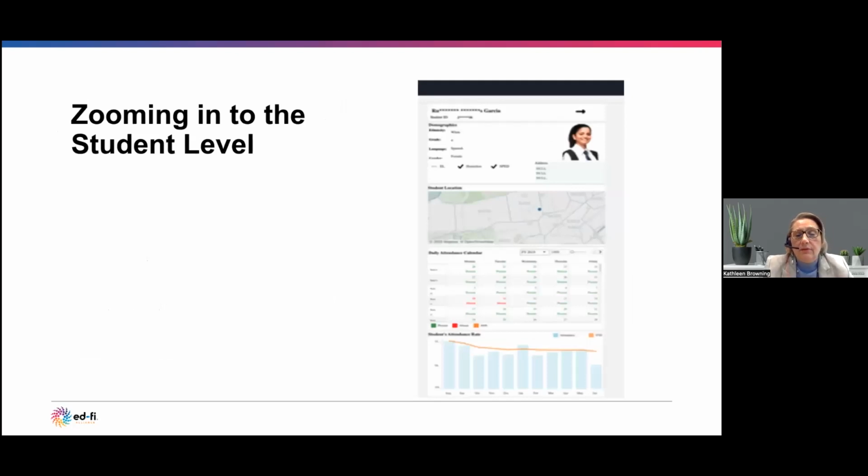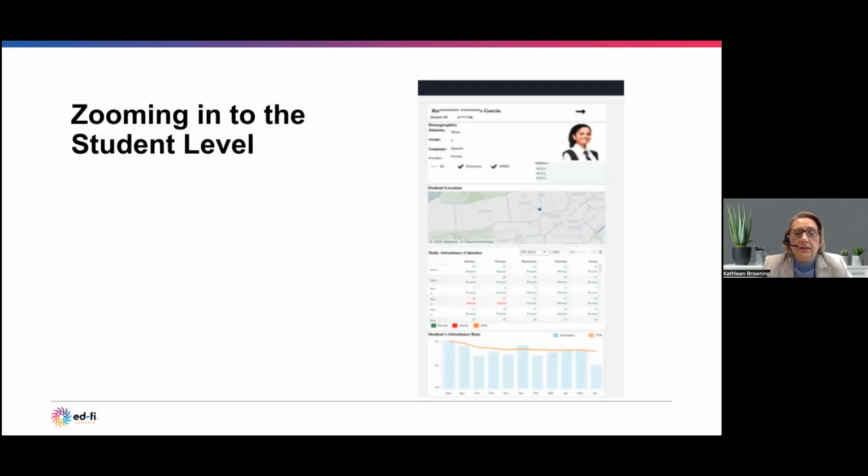This is an example of a third-party vendor's dashboard of a student level of data. And I wanted to show you having data at your fingertips allows you to build your own visualization. You can build it yourself or hire a third-party vendor to generate metrics. The data in your operational data store comes in at a very granular level, at the student's granular level.